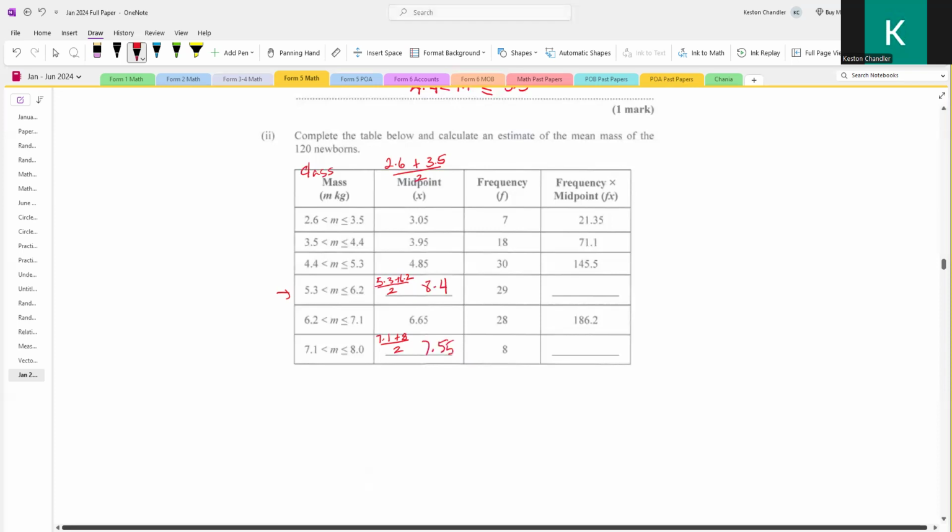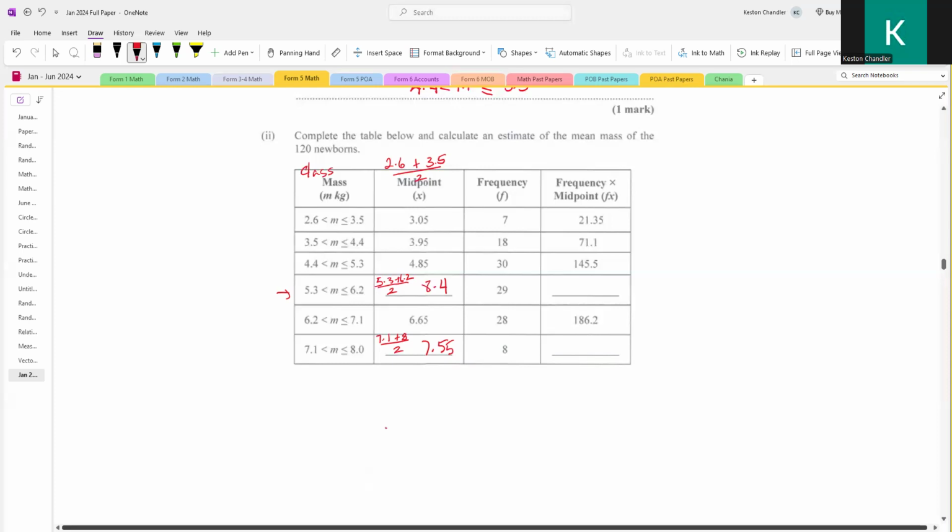So the midpoint is usually labeled our X. The frequency we had from above, that's the number of babies in each class. We then multiply the frequency by the midpoint. So we're multiplying across here: 3.05 by 7, 3.95 by 18, and like that. So let's do our 8.4 by 29.